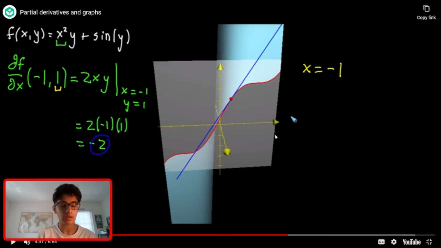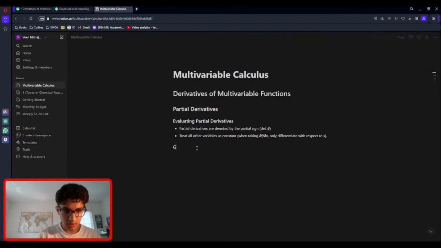Let's take a note here. So, graphical understanding of partial derivatives. So what do these do?